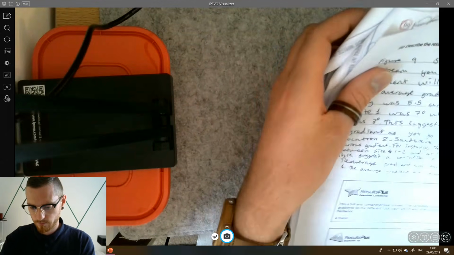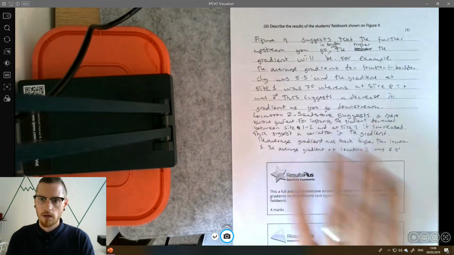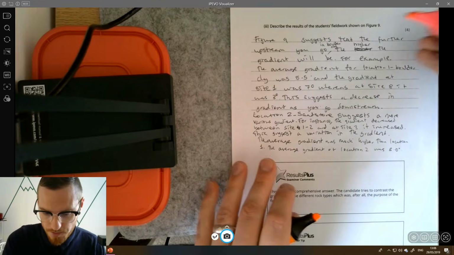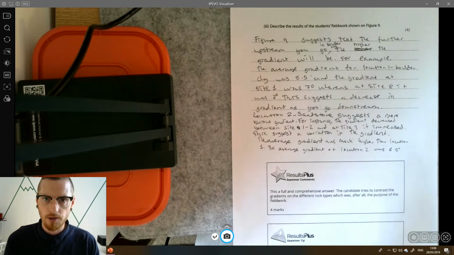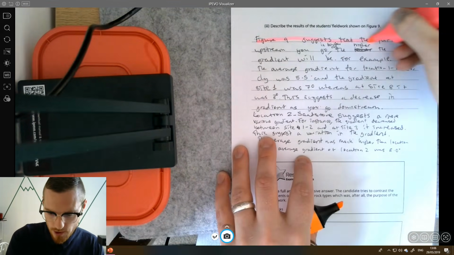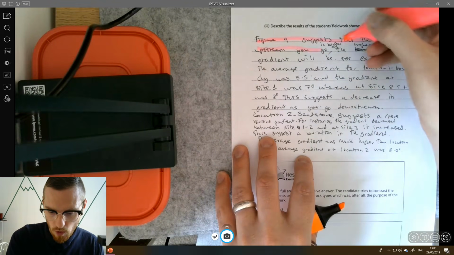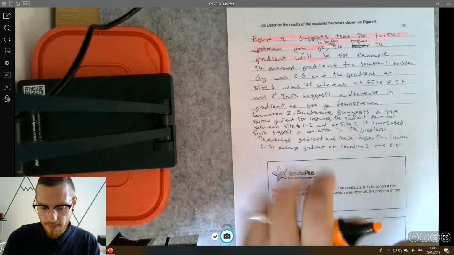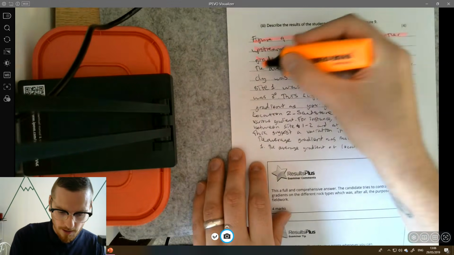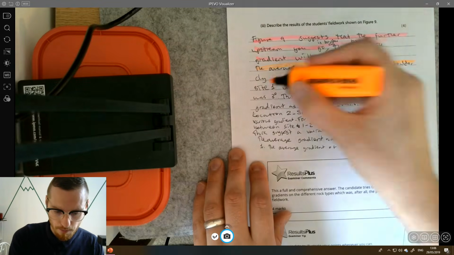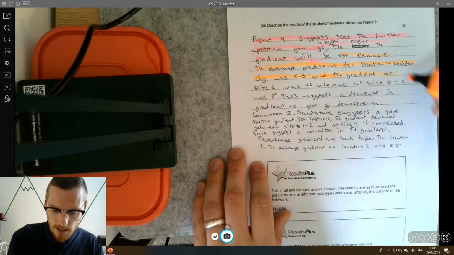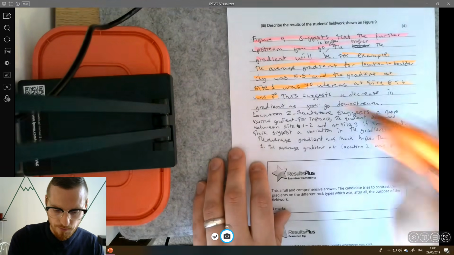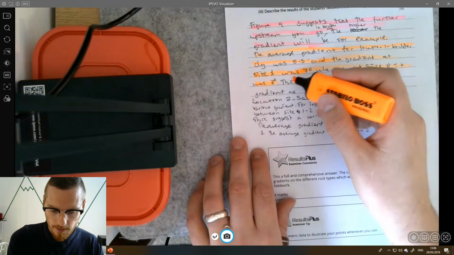Here, this is from the exam board. And you can see that this student has picked out something about the results from the resource. So figure 9 suggests that the further upstream you go in Boulder Clay, the higher the gradient will be. And then they've supported that. For example, the average gradient for location 1, Boulder Clay, was 5.5 degrees, and the gradient at site 1 was 70 degrees, whereas at site 8 it was 3 degrees.